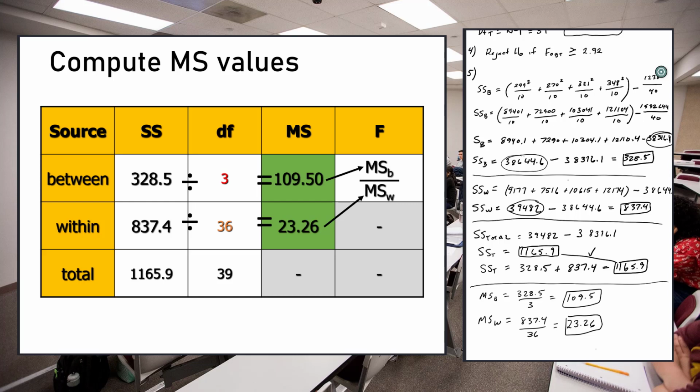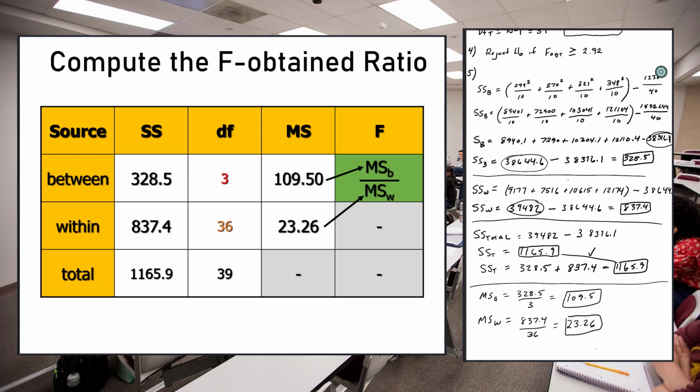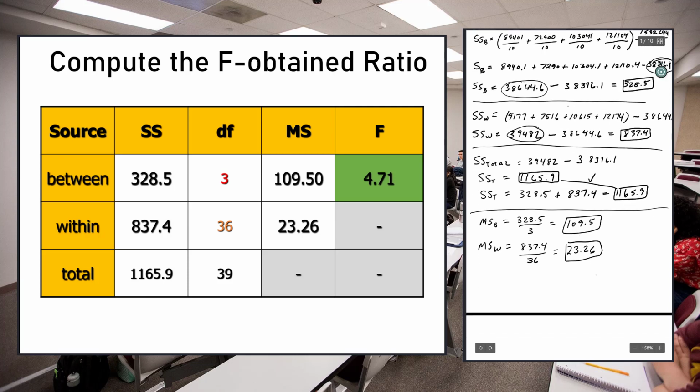So F is simply a ratio between those two estimates of population variance. And so we just plug it in, and F obtained is going to be equal to 109.5 divided by 23.26, which is equal to 4.71, which is what we have here.